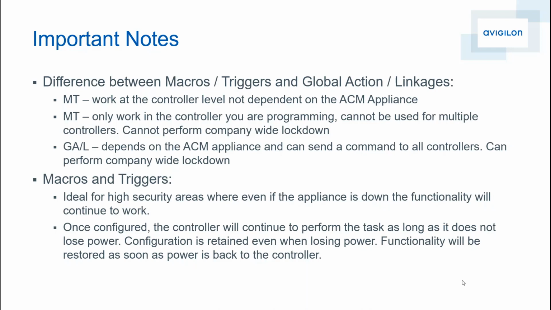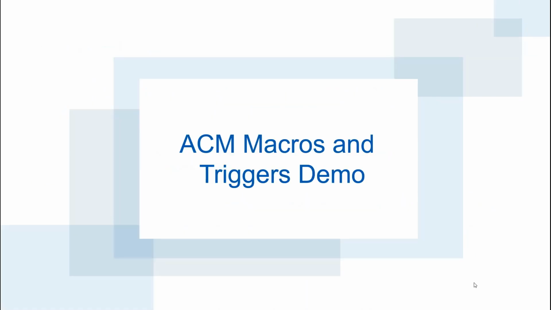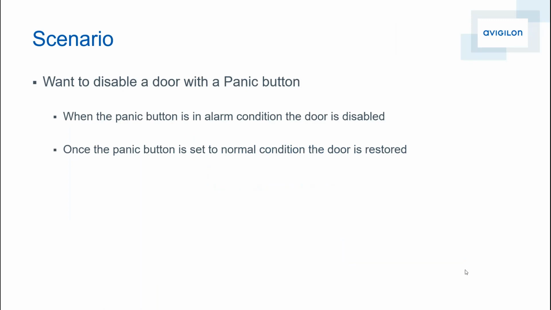Very well, let's go ahead and take a look at a demo of macros and triggers. I'm going to specify a very easy, very simple scenario so we can configure it and give you a sense of how macros and triggers work in ACM. The scenario is this: we want to disable a door with a panic button.